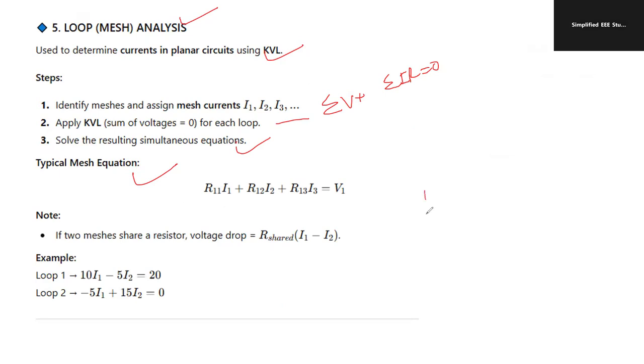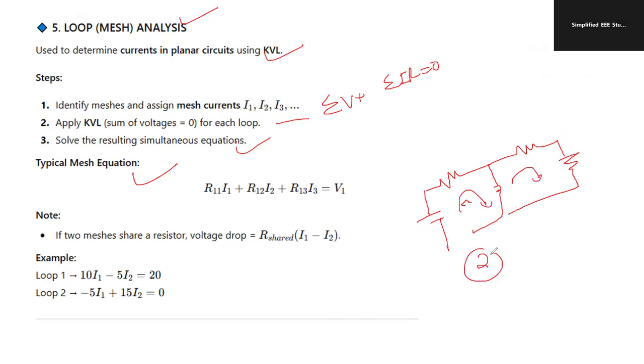Similarly, if there are two loops, I'll tell you one example. Here you need to consider two loops. There will be two equations, maybe two unknowns.